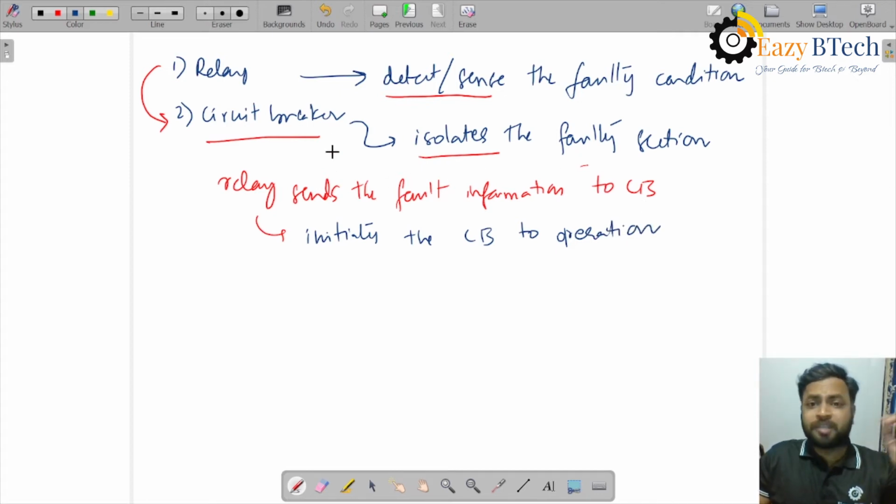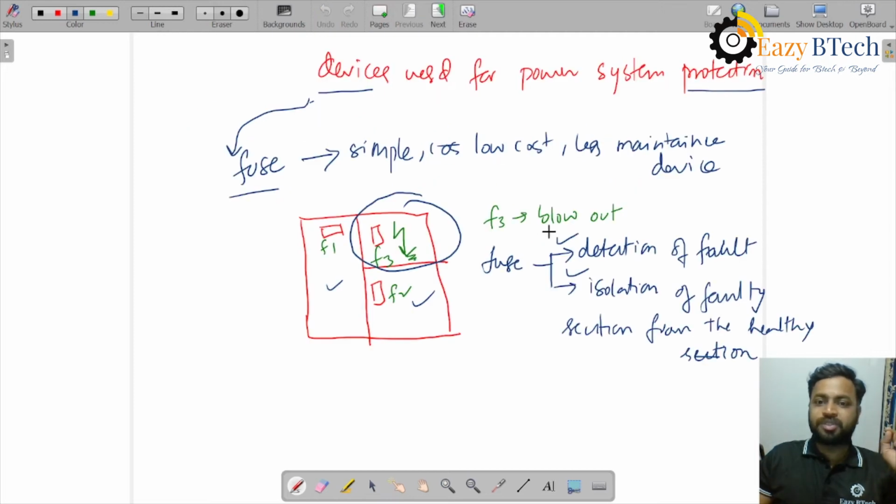So they are mutually dependent on each other. Relay cannot isolate, circuit breaker cannot sense the fault. So they are not standalone devices. These devices, relay and circuit breaker, should be used together for proper protection. Whereas on the other hand, our humble fuse present in our home is doing these two things by itself.